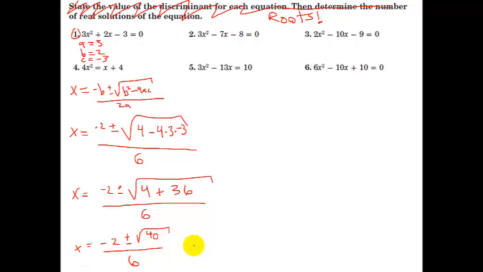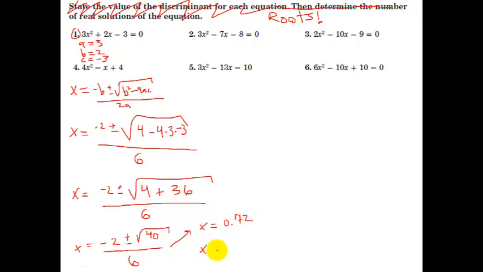Okay, and now here's where you need to use your calculator. Okay, and the directions say round to the nearest 10th place. So we're going to do negative 2 plus the square root. So you type in the square root of 40 in your calculator, hit equals, then hit divided by 6, hit equals, and we get here x equals 0.72.